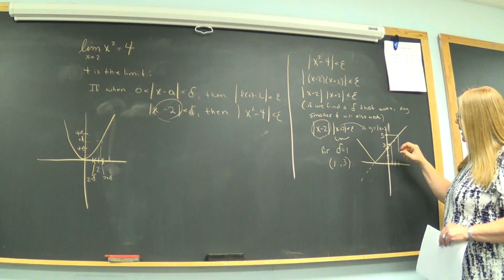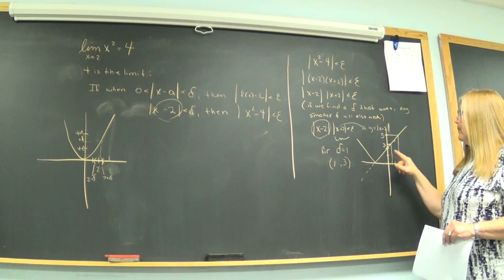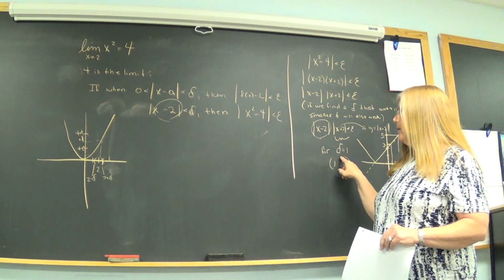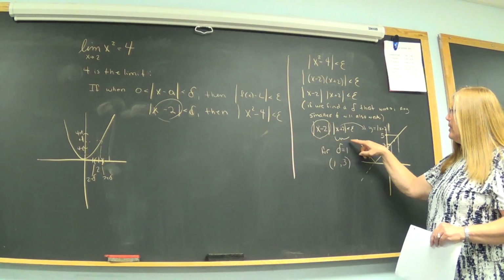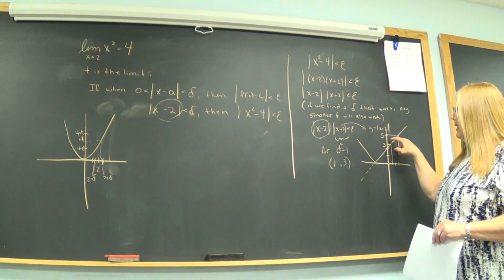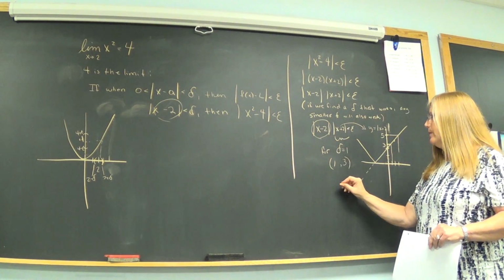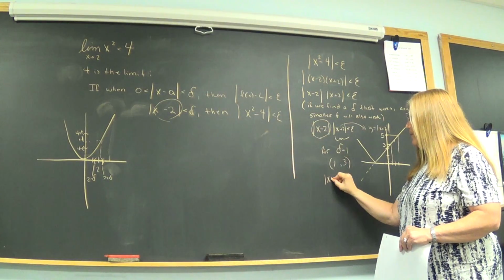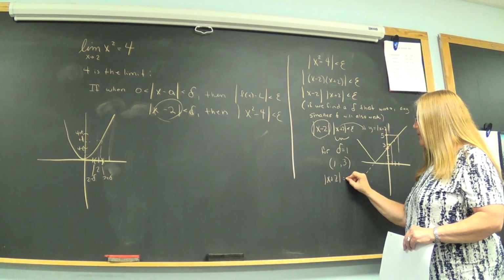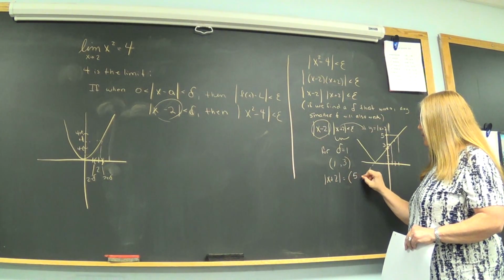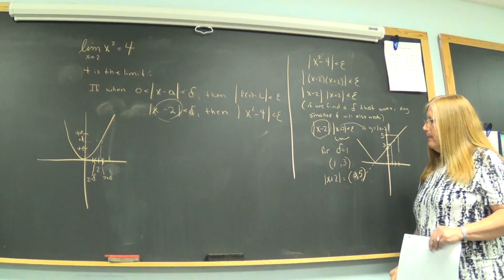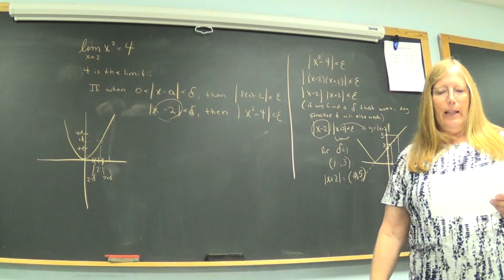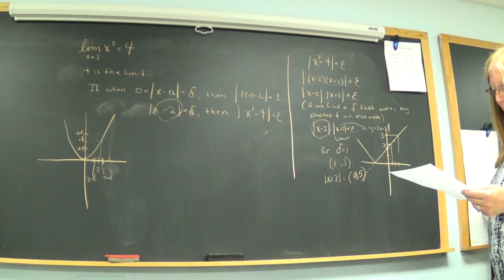So I am finding that if delta equals 1, the highest possible value this expression can be is 5, and the lowest is 3. So this absolute value of x plus 2 is going to be along this interval between 3 and 5. All right, so keep that. Hopefully that makes sense and you can follow that.